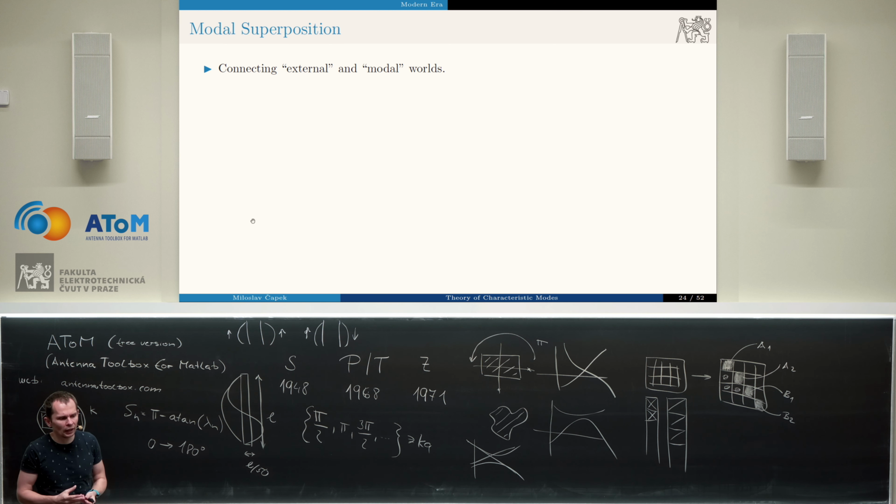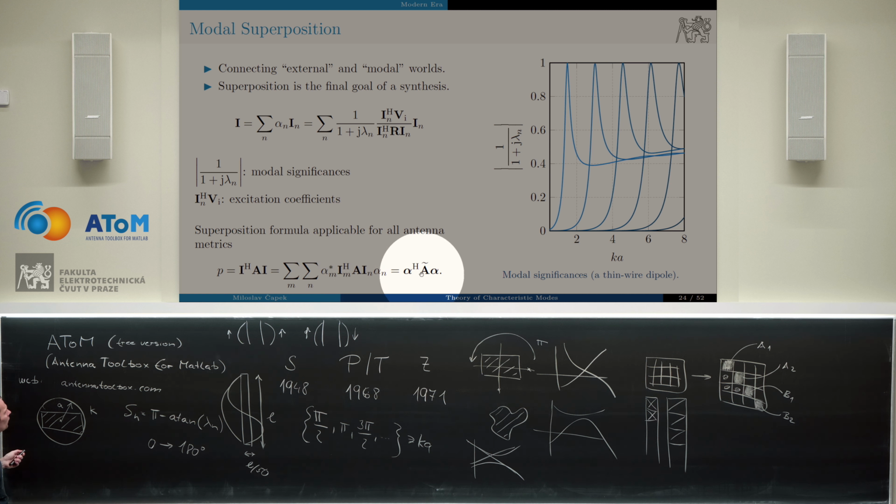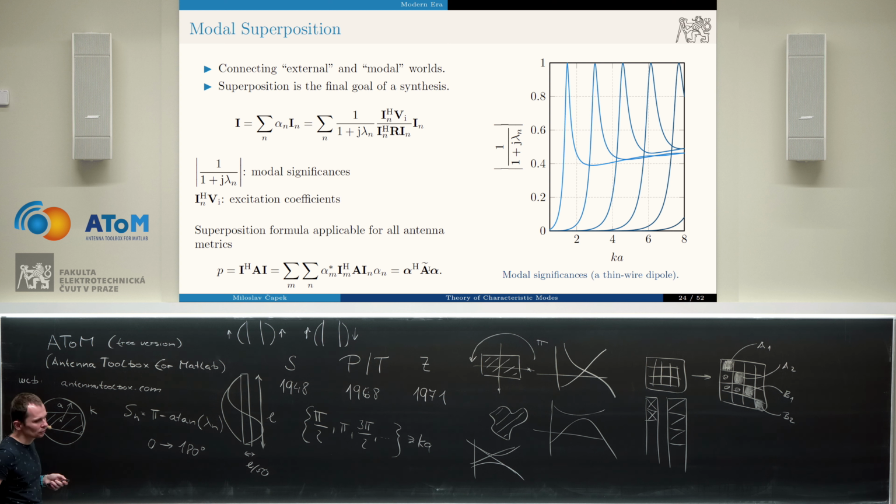And actually, we can utilize this formula, or we can generalize it so that it can be applied to an arbitrary antenna metric, which is expressed as a quadratic form of this form. And then you get a formula like this one with two summations, which can be simplified to this multiplication, where alpha is a vector of these weighting coefficients, and A with tilde is a matrix of modal characteristic quantities for the problem.